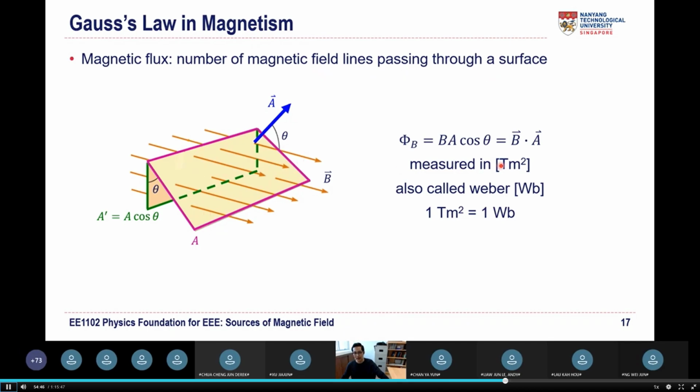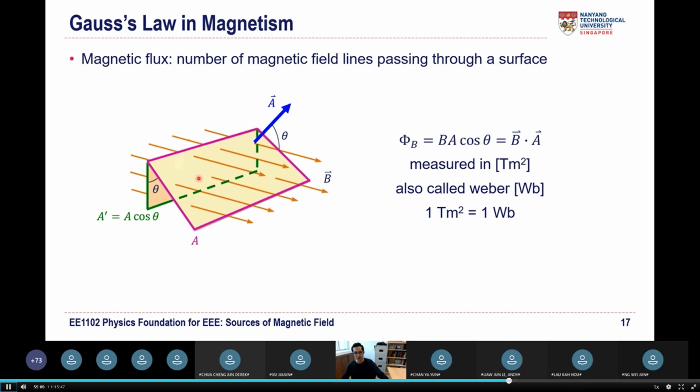The symbol for magnetic flux is the capital phi with subscript B, meaning magnetic flux. If it was electric flux, it was the capital phi with subscript E. And it's given by B times A, where A is the area of the surface.